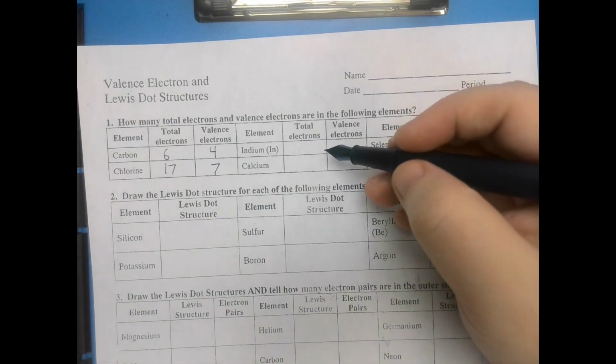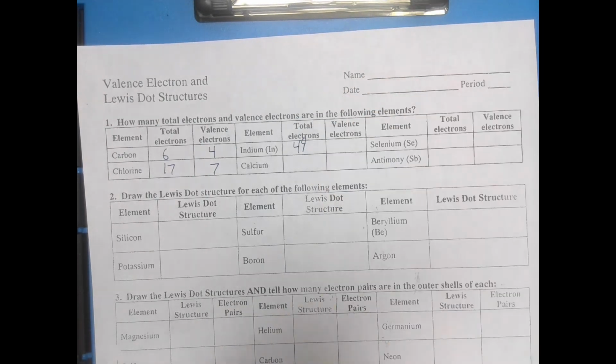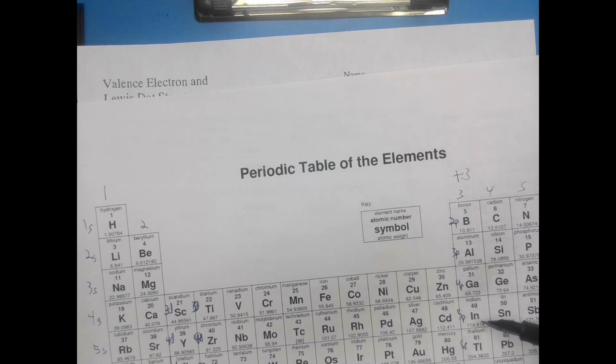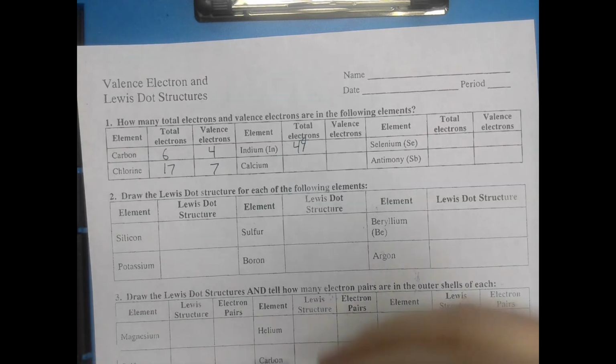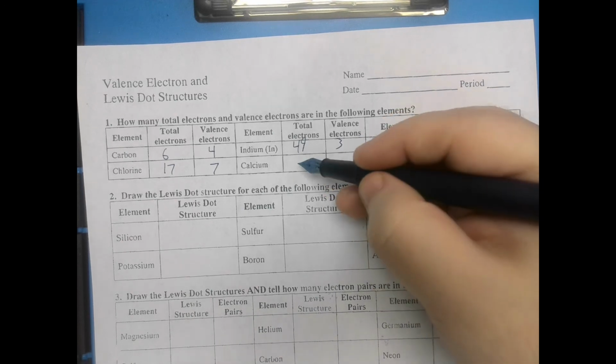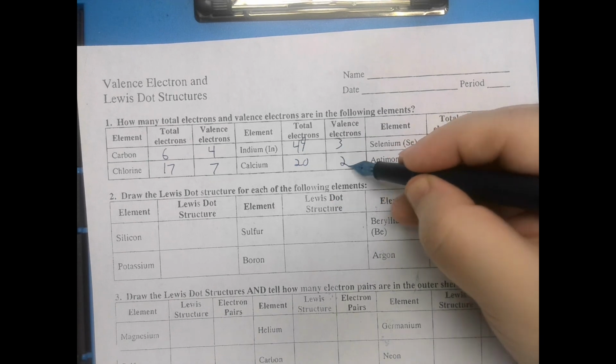Indium is 49. Indium is in the boron group. So everything in there has 3 valence electrons. Calcium. Calcium is number 20. And it has 2 valence electrons.